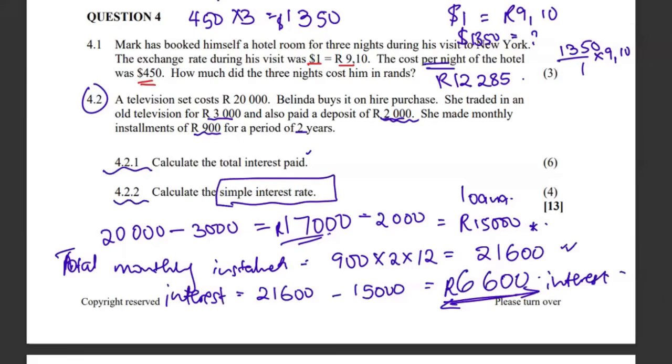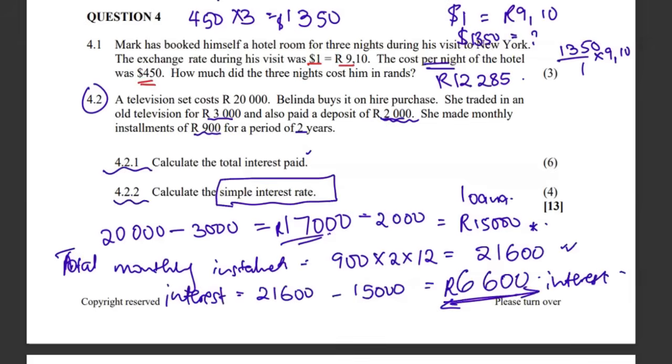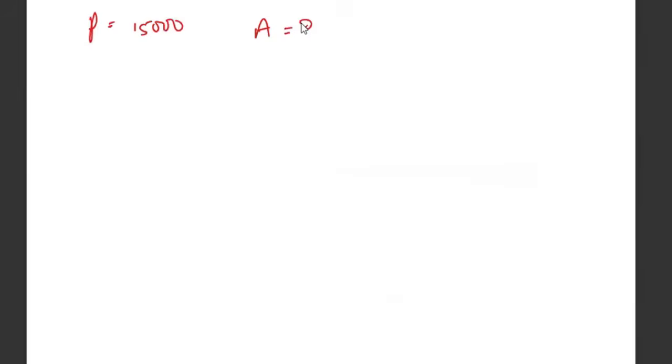With the simple interest rate, it's a two-way thing. We know that the P is the 15,000. Our A, the total that she paid, was the 21,600. We're looking for the I, and the n is 2 years.